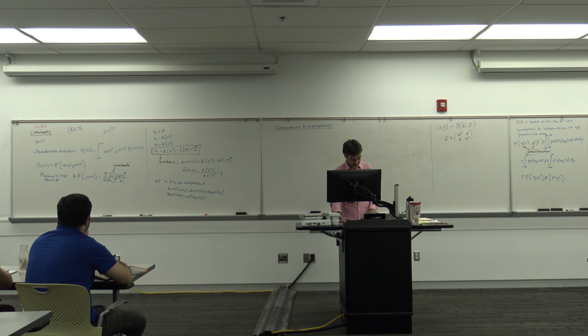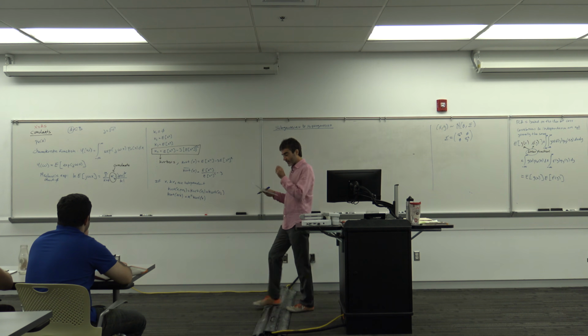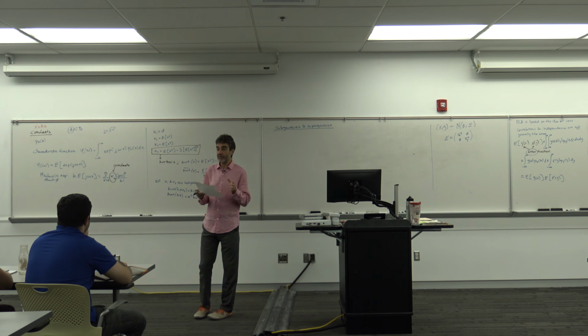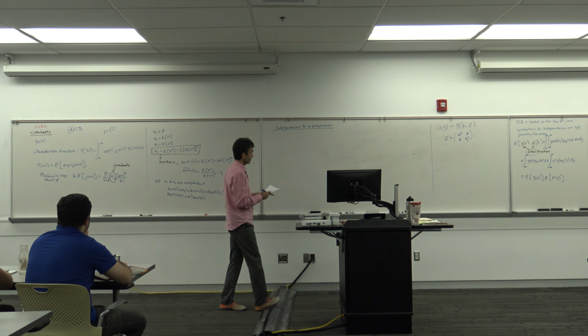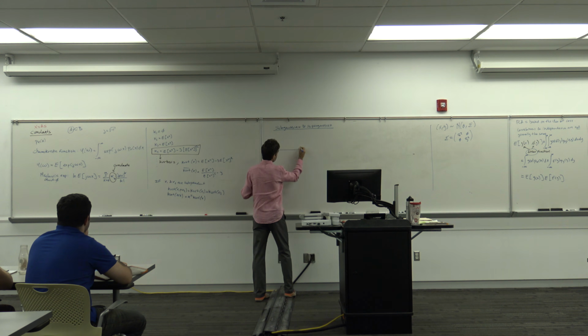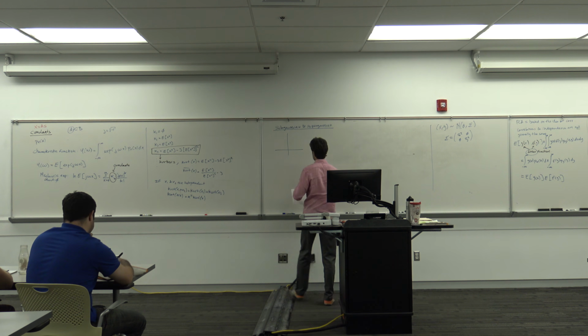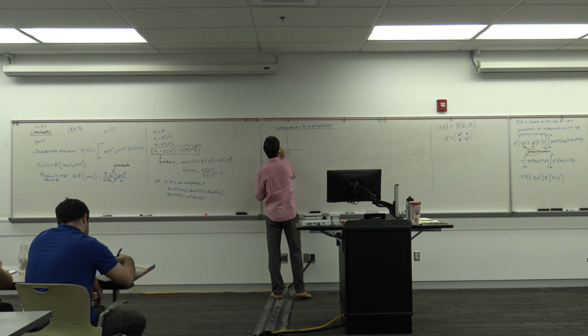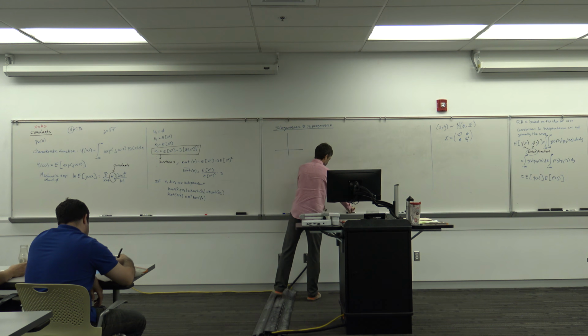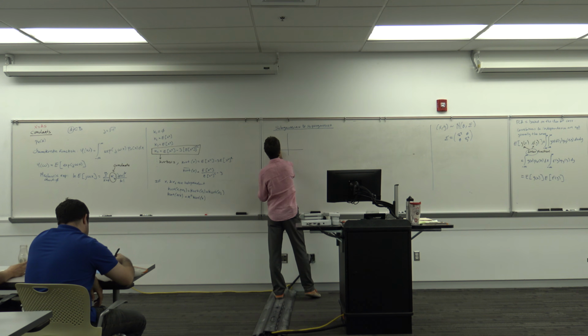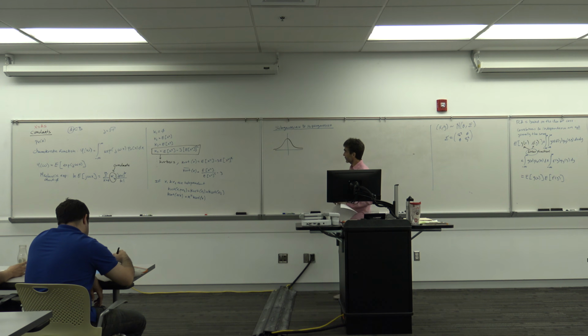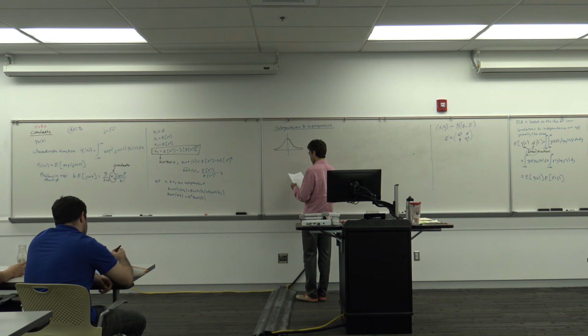Okay. Good. So let's think about a specific distribution other than the Gaussian. So we already know the Gaussian. The Gaussian looks something like this. That's the Gaussian distribution. Now let's see what happens for some other distribution.